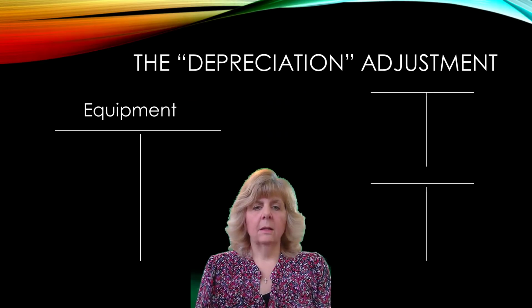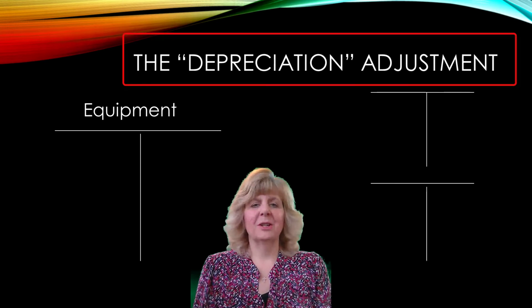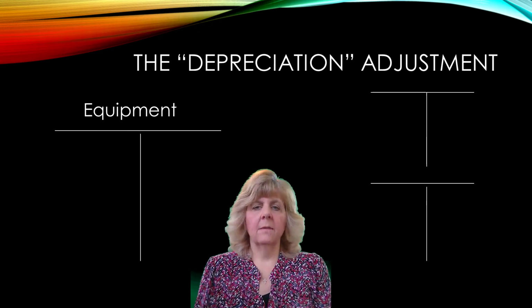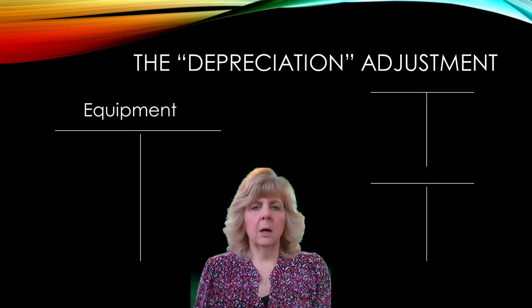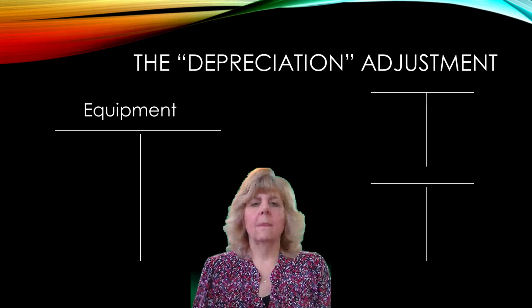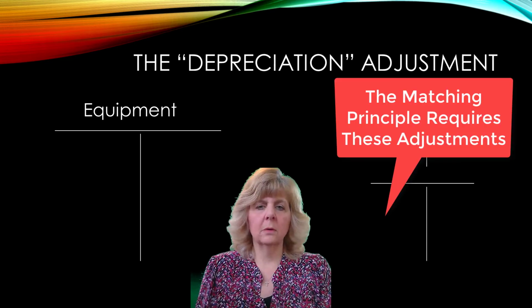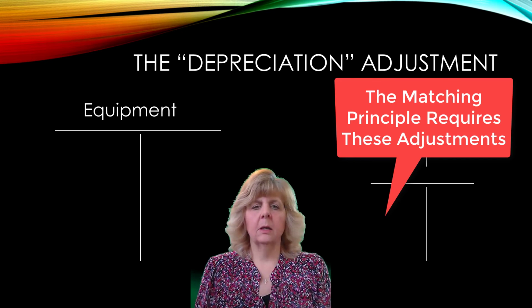Let's move on to the last adjustment, the adjustment for depreciation. Depreciation is the loss of usefulness of assets that normally occurs as we use them up. Remember that the matching principle required that we match revenues with the expenses in the related period.